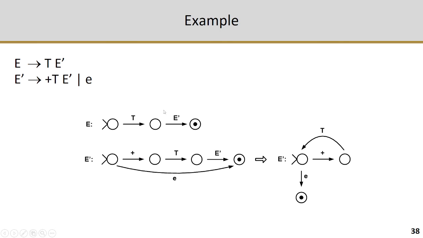So for example, if we have a state diagram representing T and E prime, when we apply this step between these two states by E prime, it means that we have to reach the final state from the initial state of the E prime to step over this arc, which practically means that we have to either read a plus sign or read nothing, depending on the input.